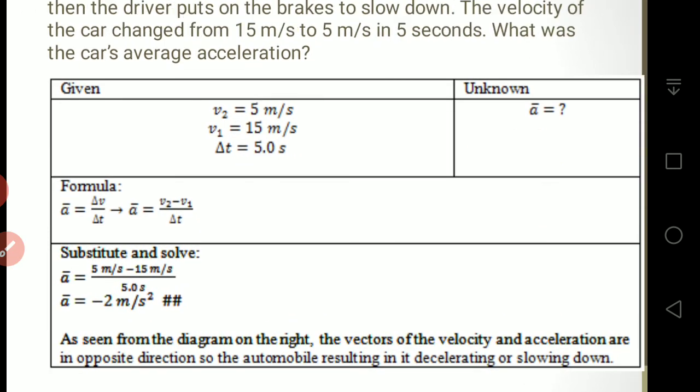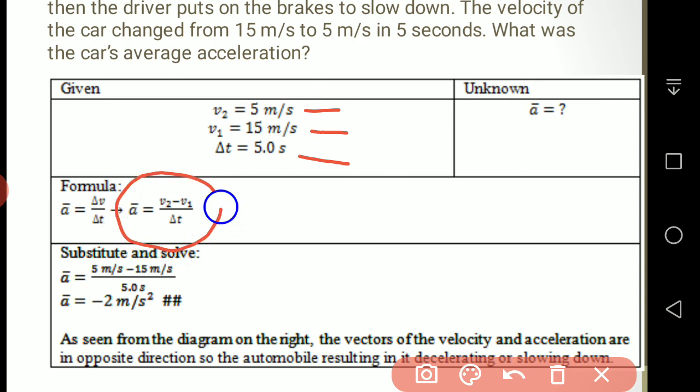We have final, tapos initial, at yung time-lapse ay 5 seconds. So, substitute ulit tayo. At ang lalabas na formula na gamitin natin ay ito. And then, papansin natin, ang sagot ay negative 2 meters per second squared.